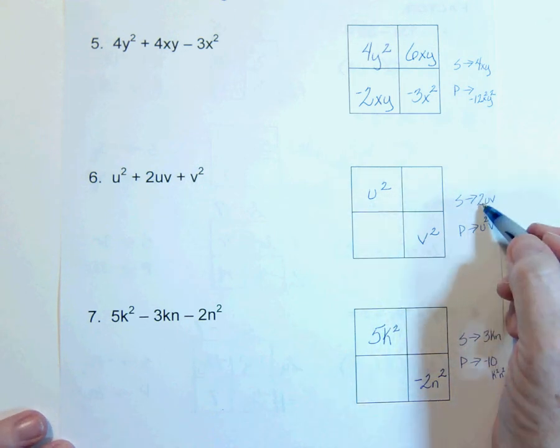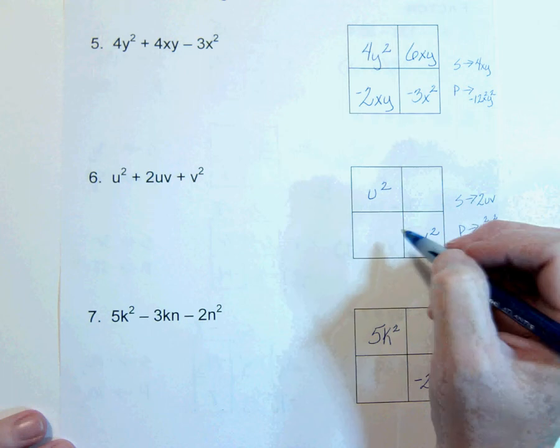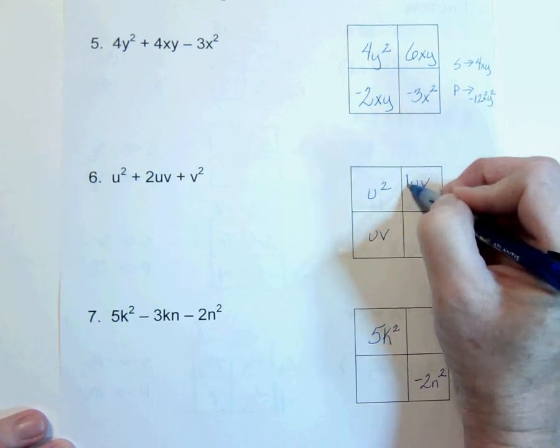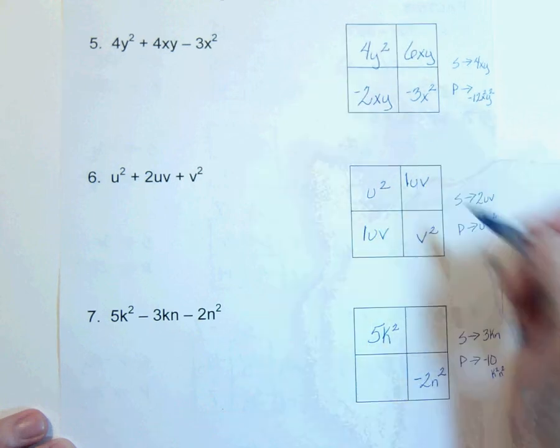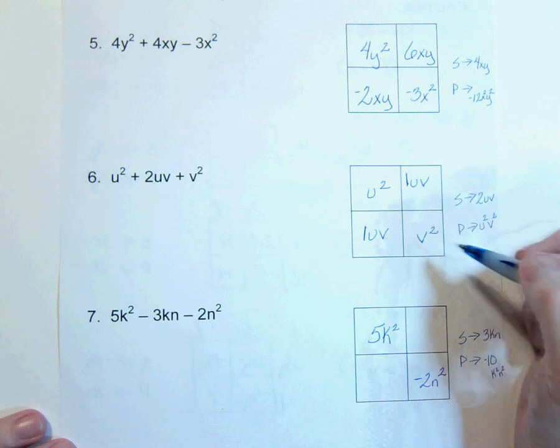What's going to give us a 2 as a sum when we add together, but a product of just a u squared v squared? Well, that's just going to be a uv and a uv. If you want to, put a 1 out here. Because if I add those two together, I'm going to get 2, but if I multiply 1 times a 1, I'm just going to have a 1. Sounds a little bit trickier.